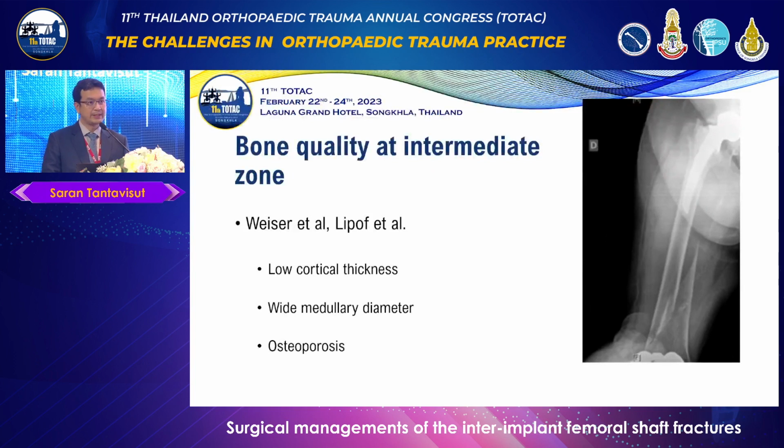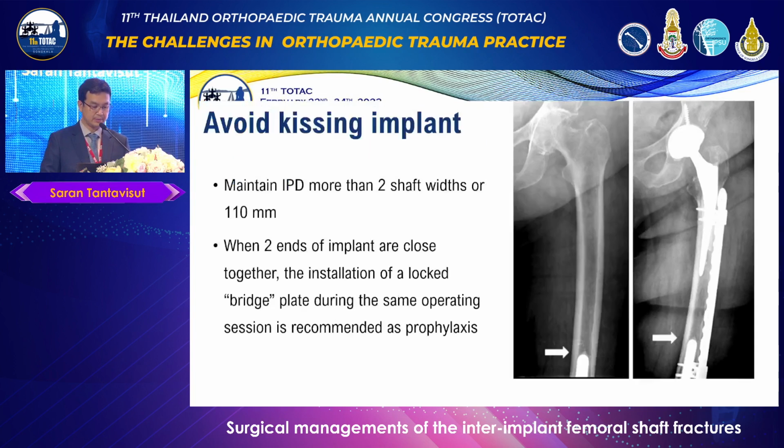They pay more attention to the bone quality in the intermediate zone. If the intermediate zone has low cortical thickness, a wide intramedullary canal, and severe osteoporosis, they believe that this contributes more to the risk of fracture. One thing we should learn from this is that there is no consensus yet about the risk, but what we can do, if we can, is try to avoid kissing implants.